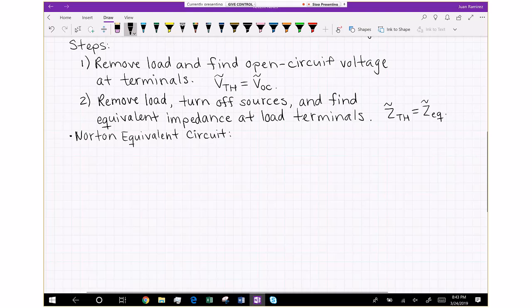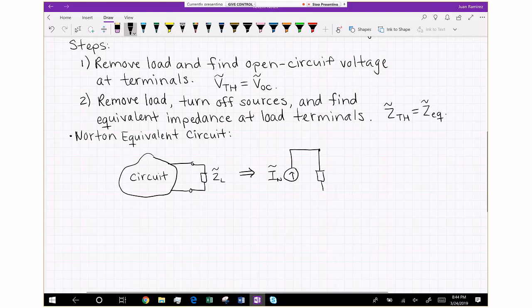In a similar way, Norton's theorem is a way of converting some potentially complex linear circuit attached to a load into an equivalent current source called the Norton current, a parallel impedance called the Norton impedance, and that load.